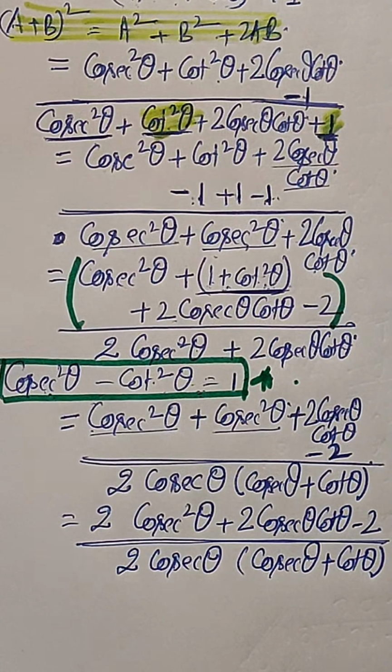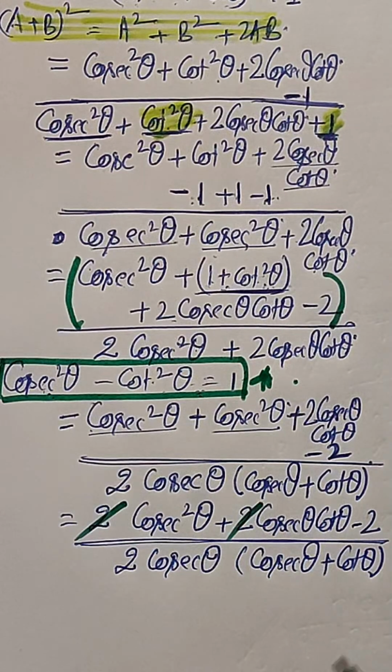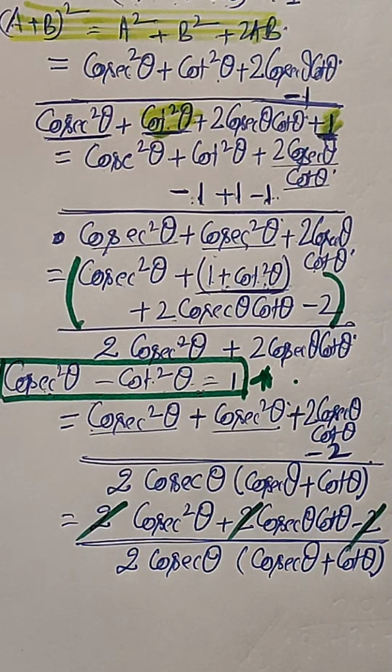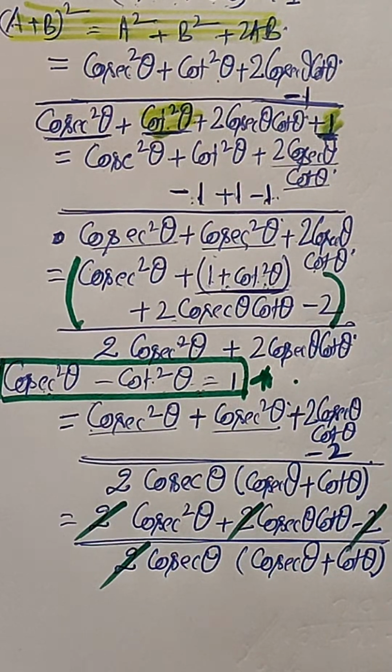So my dear friend, here you can see 2 can be taken as common in the numerator, and 2 is also common in the denominator. This will be cancelled out, right?